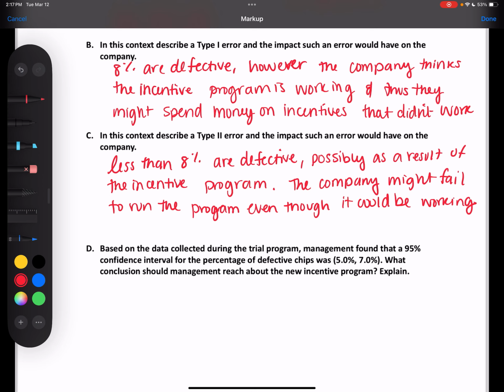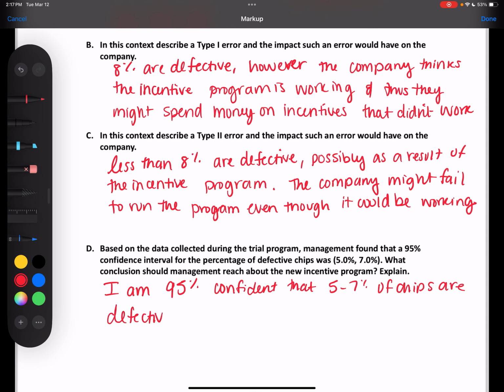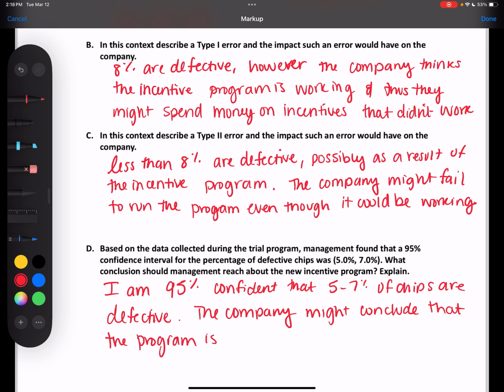So I'm 95% confident that 5 to 7% of chips are defective. So the company might conclude that the program is working, but we can't prove it.